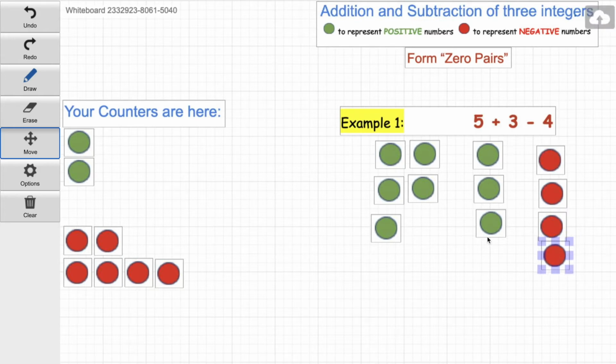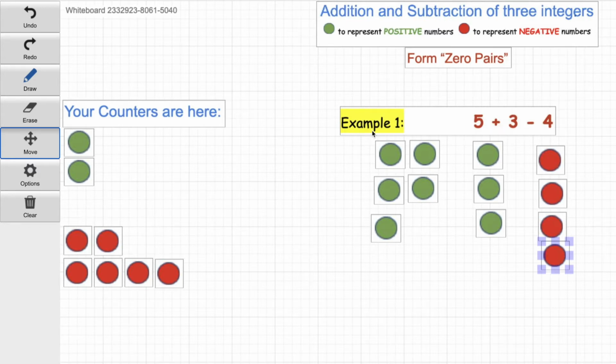Now, as you can see here on the screen, we have represented the same example using counters. So what we need to do next is work from left to right. We're going to do the first two numbers in the expression, so that is 5 plus 3.